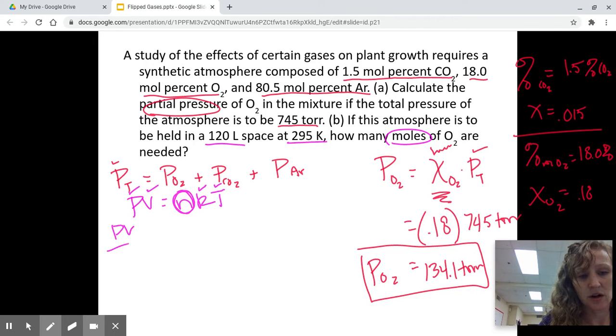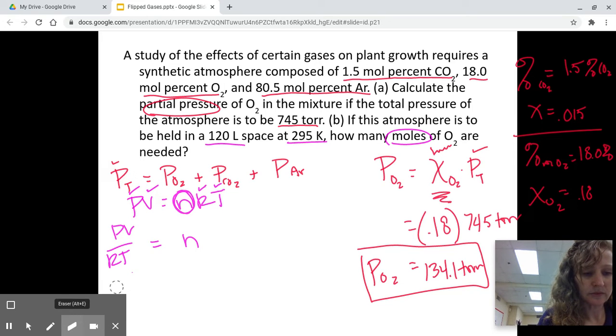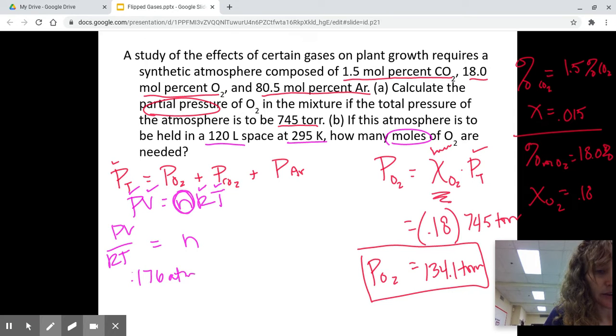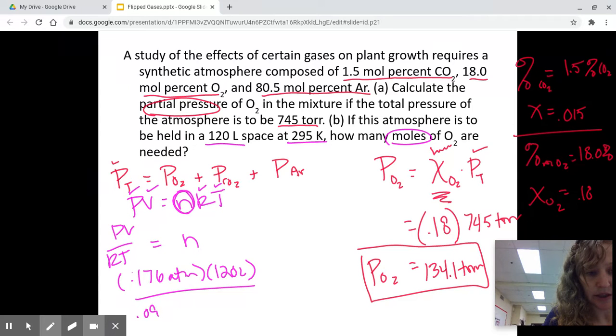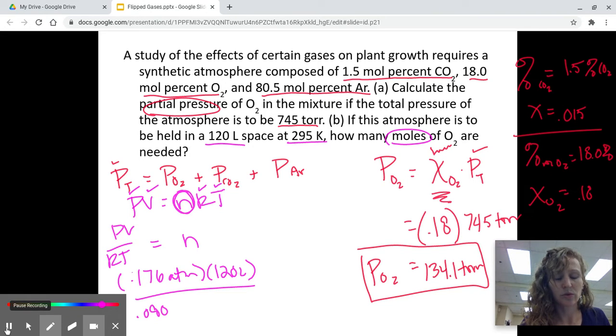Let's solve it for n. And then I plug and chug, 134.1. Oh, but it's in torr. Let's substitute that out. 134.1 divided by 760. 0.176 atmospheres times 120 liters over 0.08. What is that one again? 0.08206.